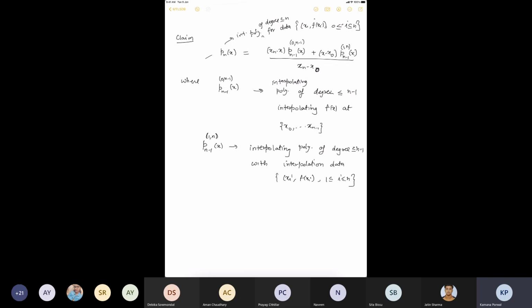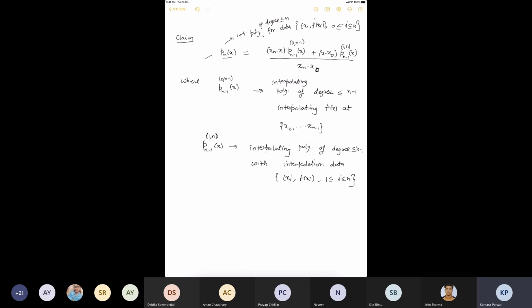Whenever you have to prove that an interpolating polynomial is equal to another polynomial, we have already proved that there is only one interpolating polynomial, right? That is, we have the uniqueness of the interpolating polynomial.